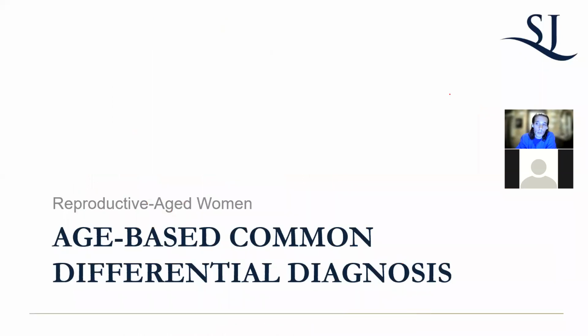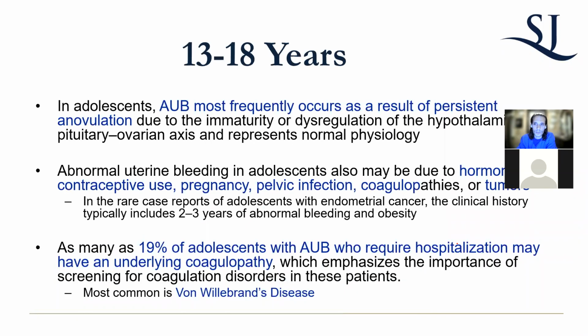So from here, you can make your age-based differential diagnosis. And actually, this is something that is a benefit, because you can stratify your differential diagnosis largely based upon a patient's age, really just because it's when they have exposure to estrogen or not, because it's really an estrogen thing. So from 13 to 18 years old, abnormal uterine bleeding is usually because of persistent anovulation.